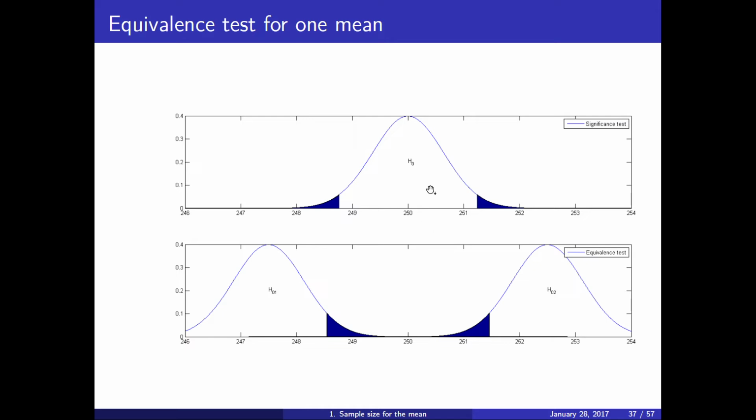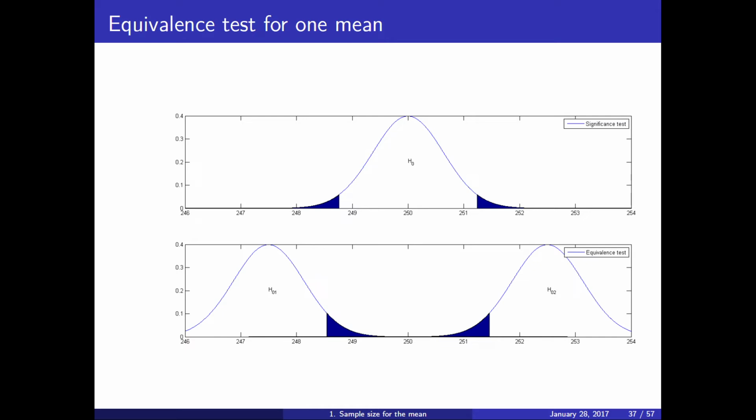If he or she sees a mean of 20 tablets that is outside this area, these blue areas are alpha half, so having a probability of alpha half, then the machine should be stopped.